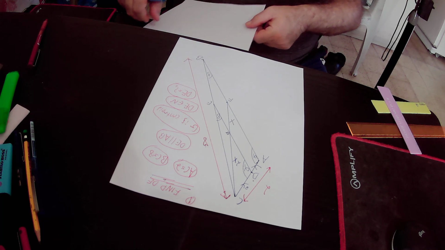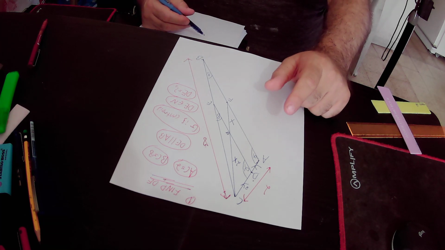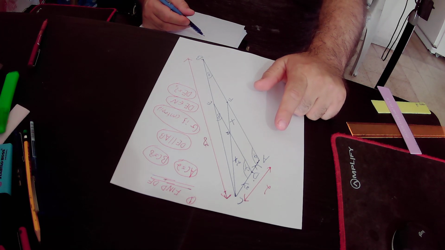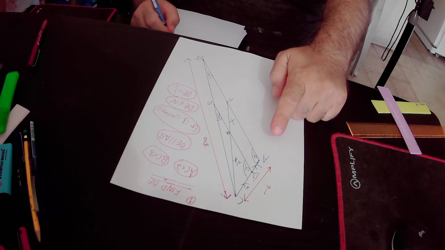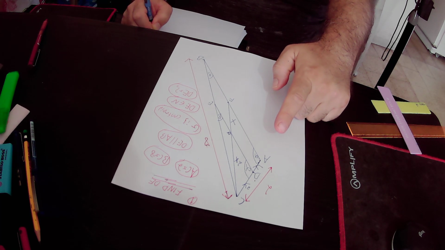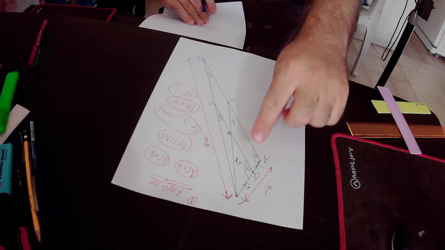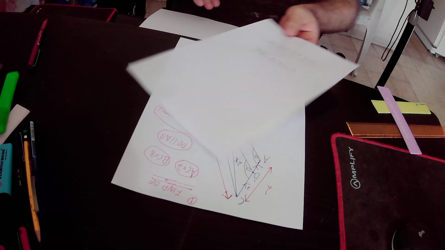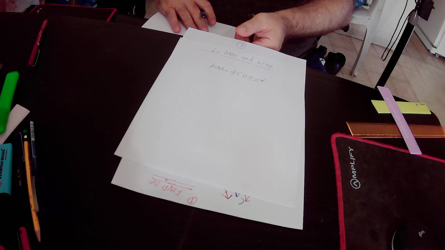In those two triangles, we know that angle CAB in triangle ABC is equal to angle CDE in triangle CDE, and they are both equal to alpha. Angle CAB equals angle CDE, and they are both equal to alpha.